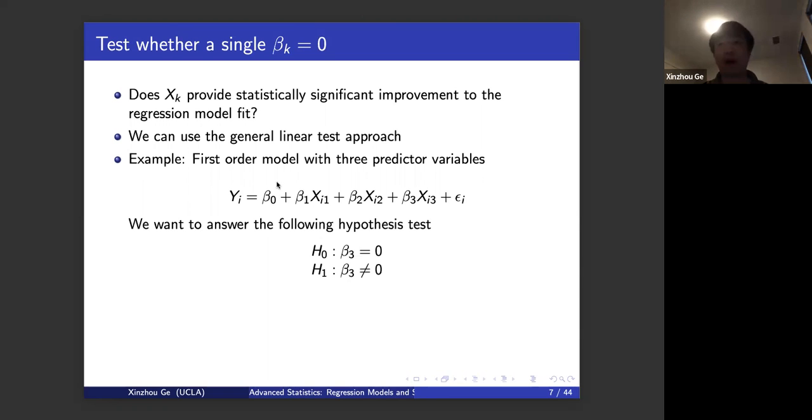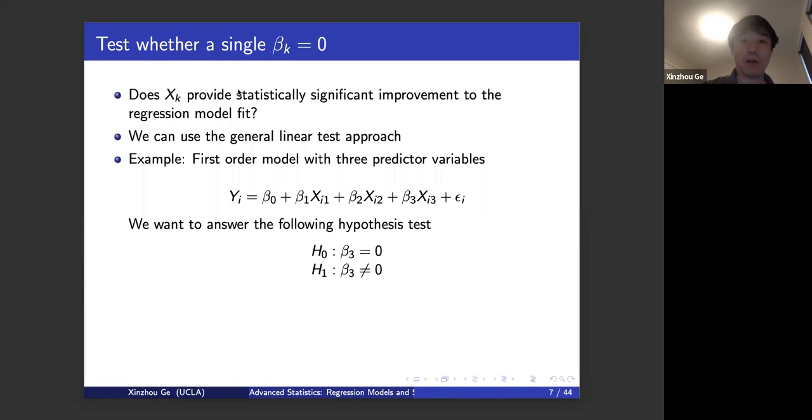And let's look at what this test actually means. When we test whether a single beta k equals 0, it means that we want to test whether the k-th predictor provides a statistically significant improvement to the regression model fit.